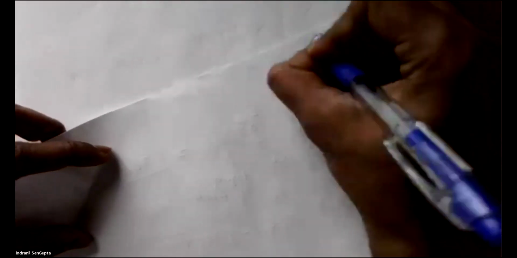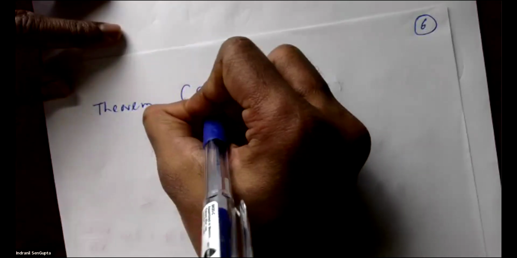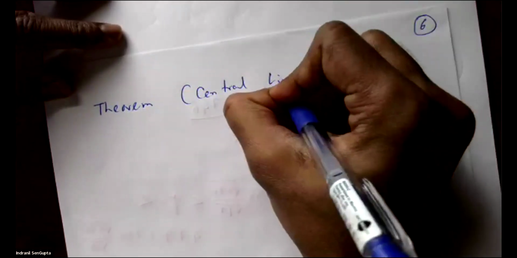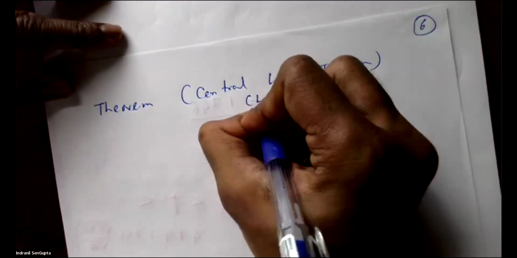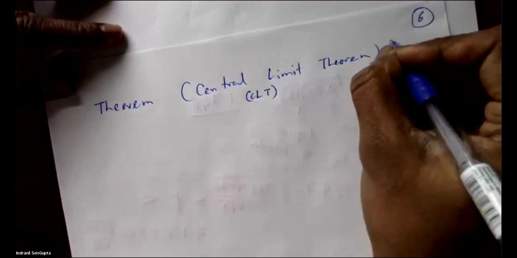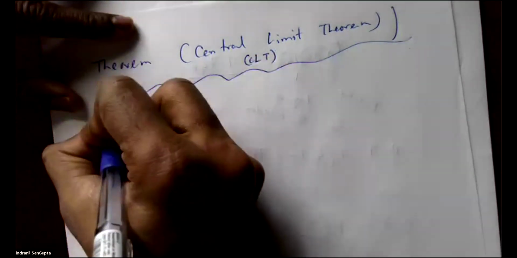Okay, so this is like this. It's a theorem. It's a very famous theorem. So central limit theorem, or sometimes abbreviated as CLT. It goes like this.